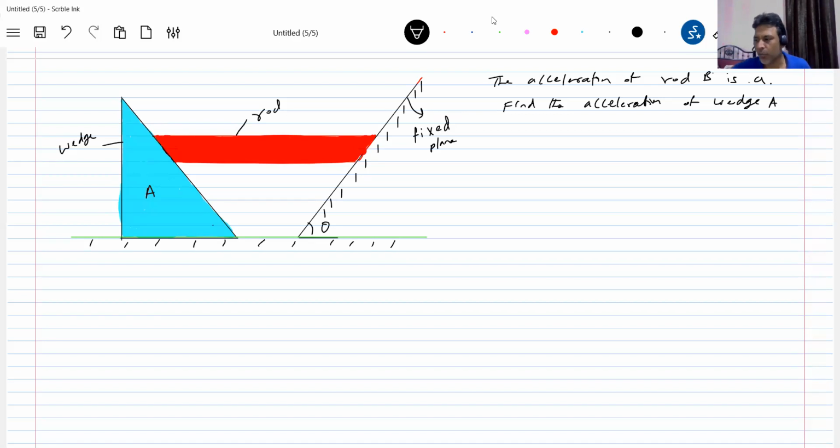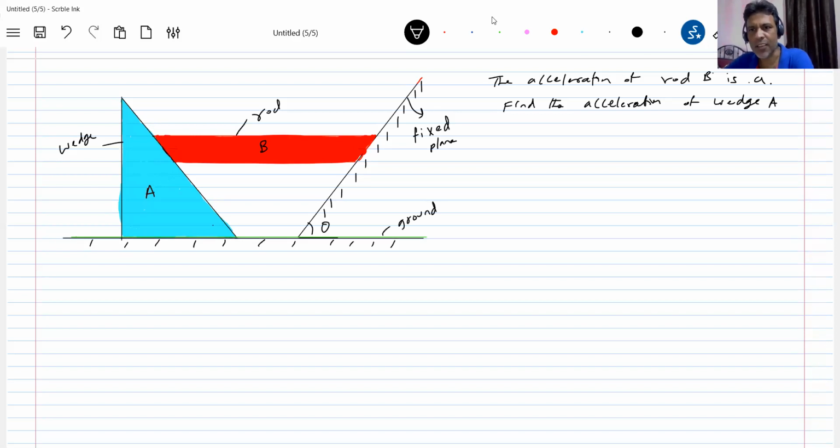Acceleration of the rod B. There's a rod B. Okay, how will the wedge move? Anybody? Towards left, sir. Okay, good. The wedge will move towards left. So we are very sure that the wedge will move towards left.